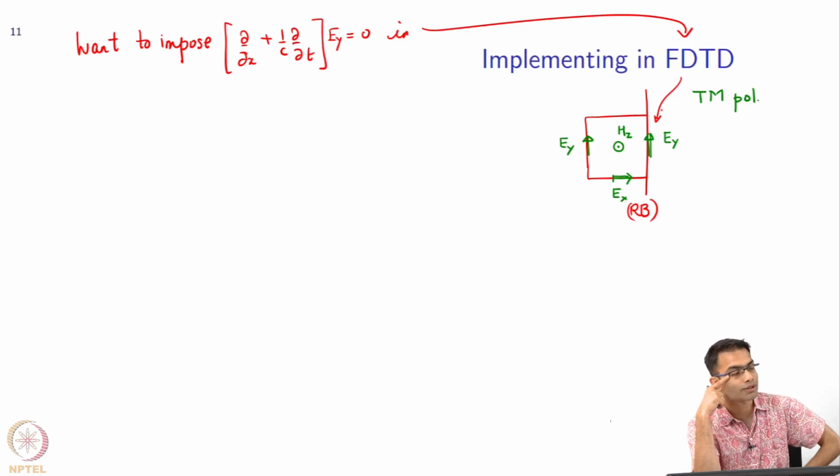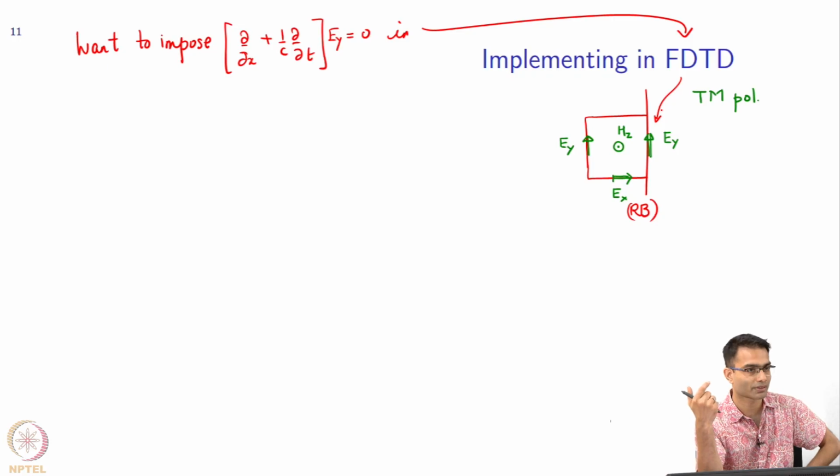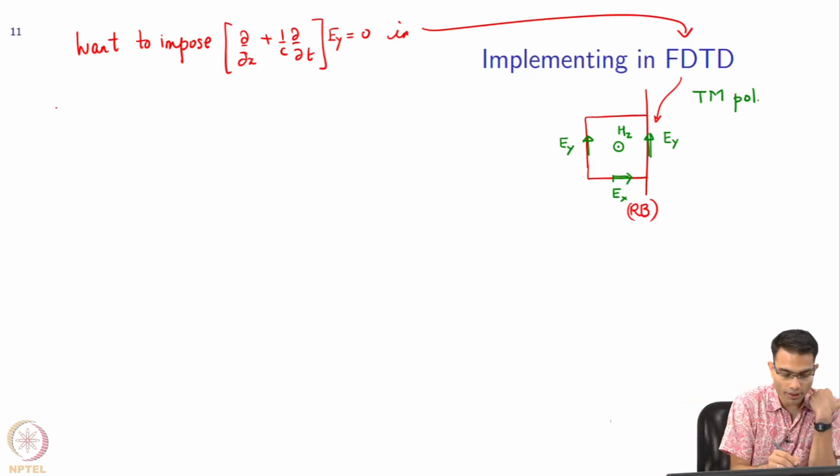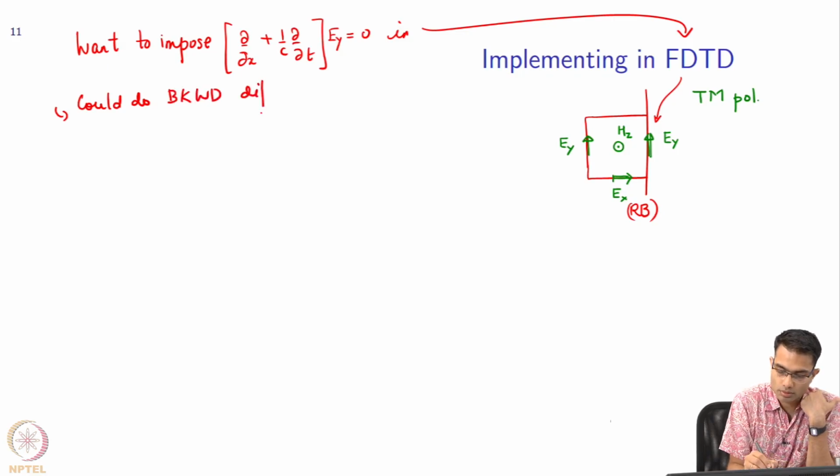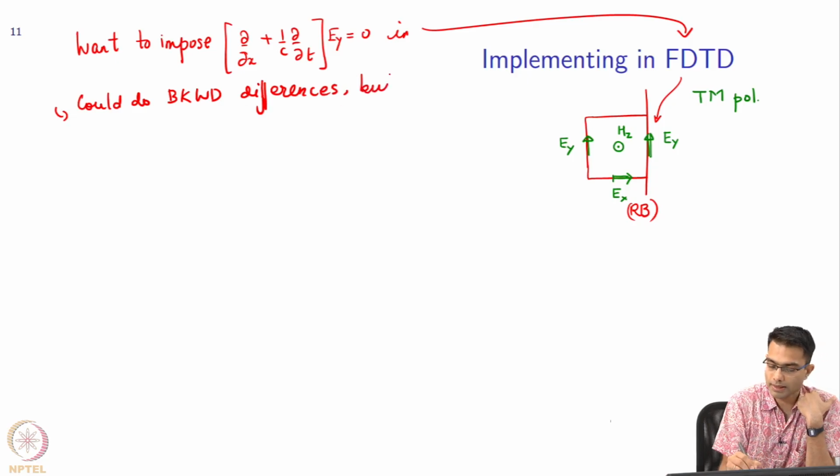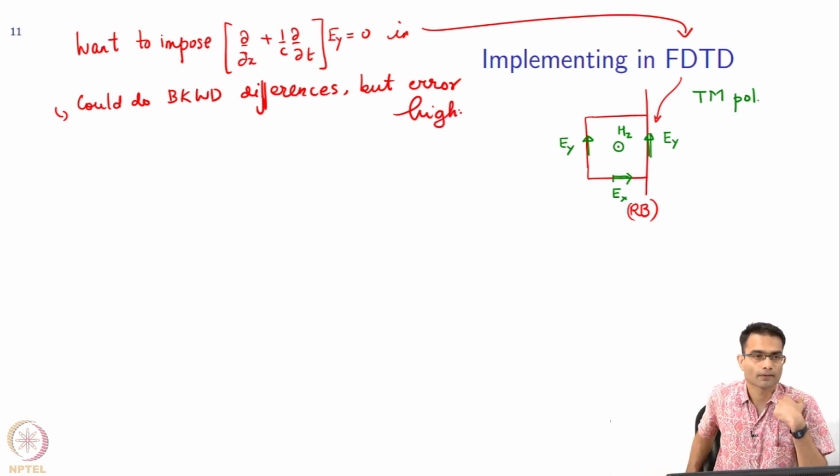But what is the disadvantage of doing a backward difference? Error increases. As it is, this boundary condition is going to introduce error. Then on top of it, my imperfect way of doing finite differences will give further error. So, I could do backward difference, but error is high. Okay.